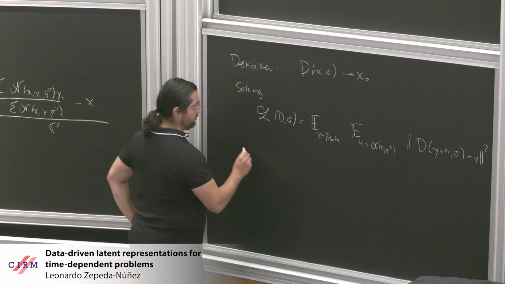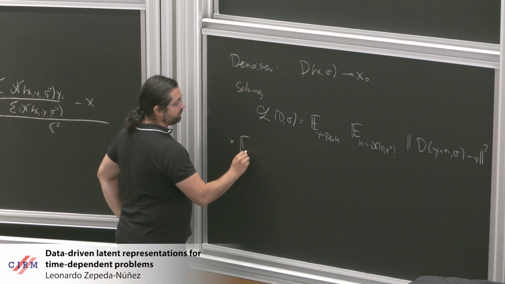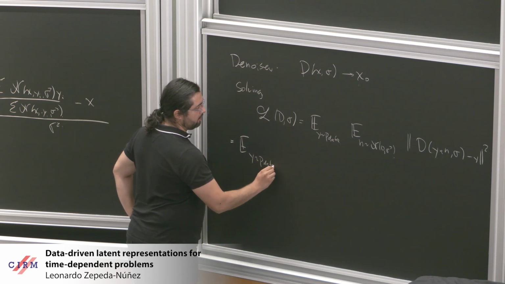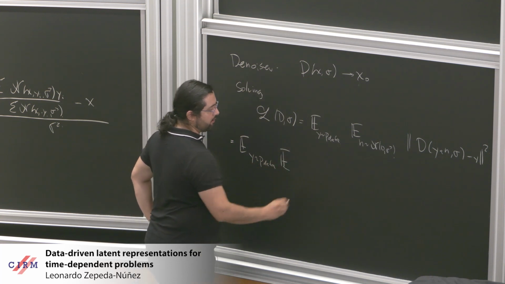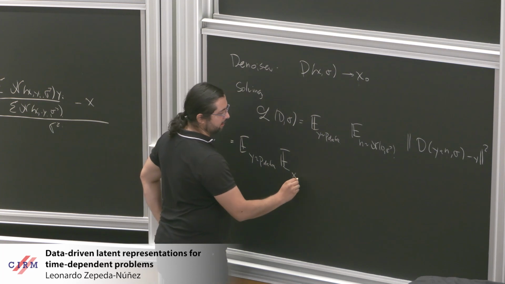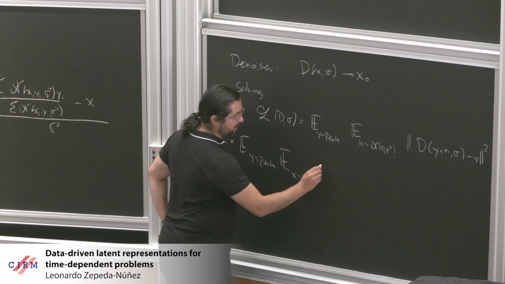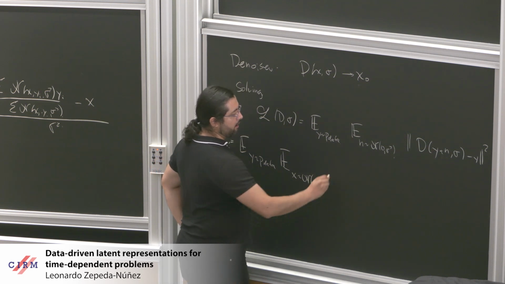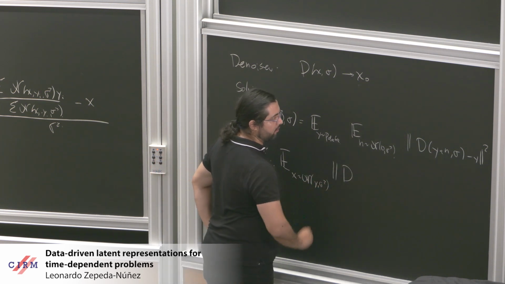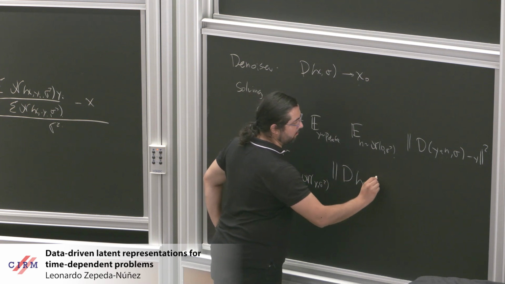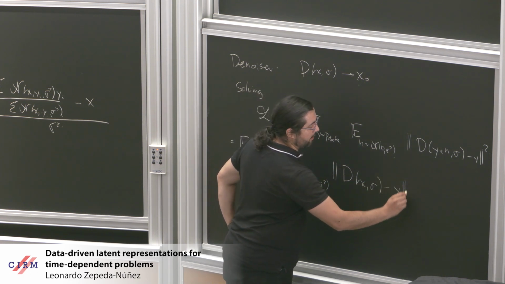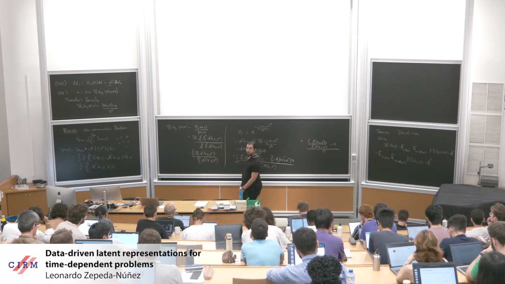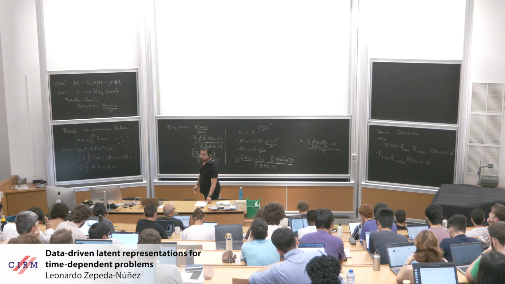So what you will have, let me put it here, the expectation, y follows p data. In this case, you will have the expectation, or let's change to x. X in this case will follow a normal, but centered in y, and sigma square. And then the loss is going to be slightly different. So D(x, sigma) minus y squared.